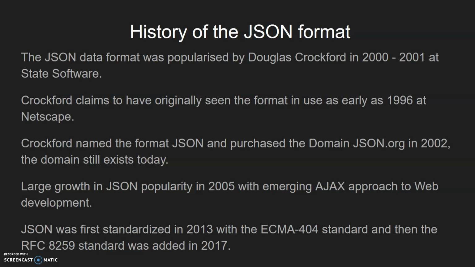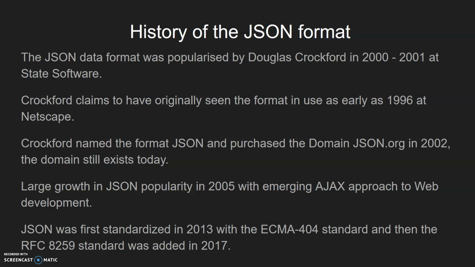So a little bit about the history of JSON. It was popularized by a chap called Douglas Crockford in 2000-2001 at State Software. It's an interesting one because he's not actually claiming that he invented it. He really got on board with it and found that it fulfilled the requirements he had for the projects he was working on at the time.